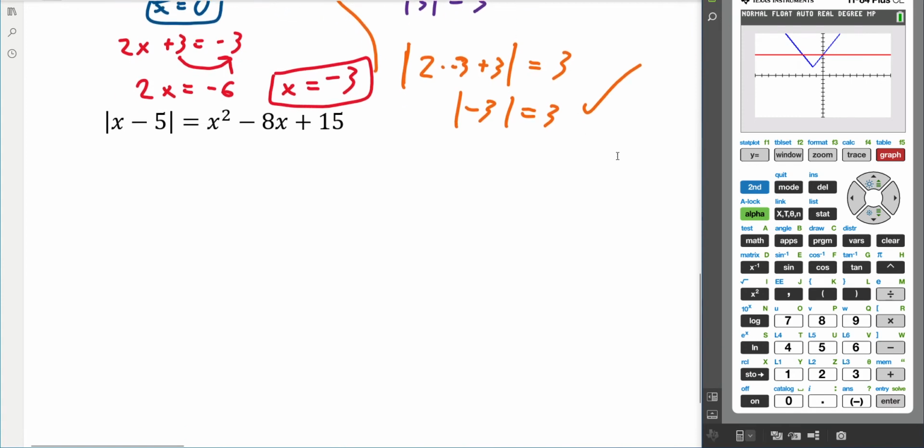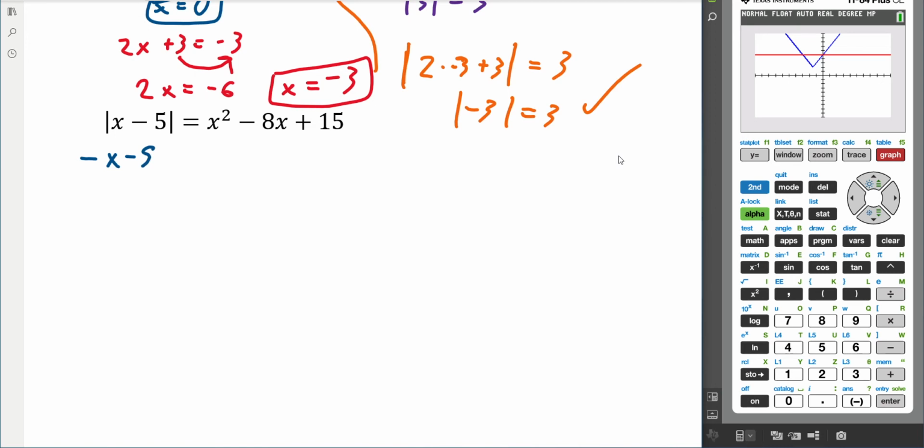Okay, our last one, it is the most complicated. We have a quadratic. We have one with a square here. So what are we going to do? Well, it's going to be the same process. It's just going to take a lot longer. Well, we have to do two cases.